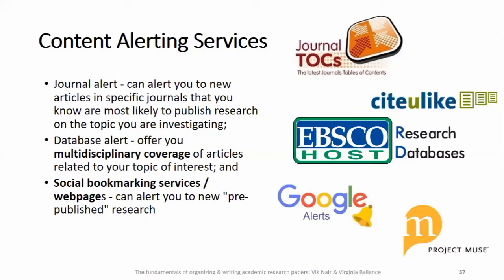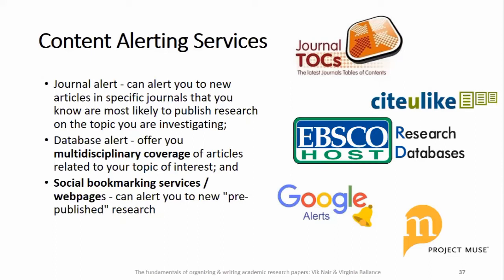A database alert gives you wider coverage. It would be from a specific database in, let's say, EBSCO. Again, you would save whatever kind of search you want, whether it's a subject search or an author search, and when new content comes, they would email you the list. It's useful because it covers lots and lots of journals, thousands of journals.